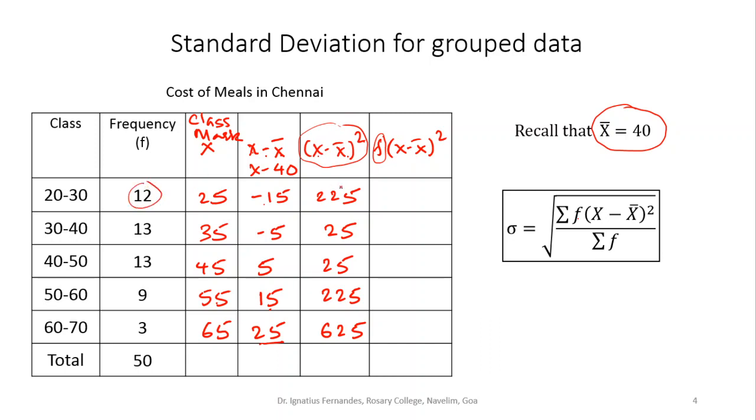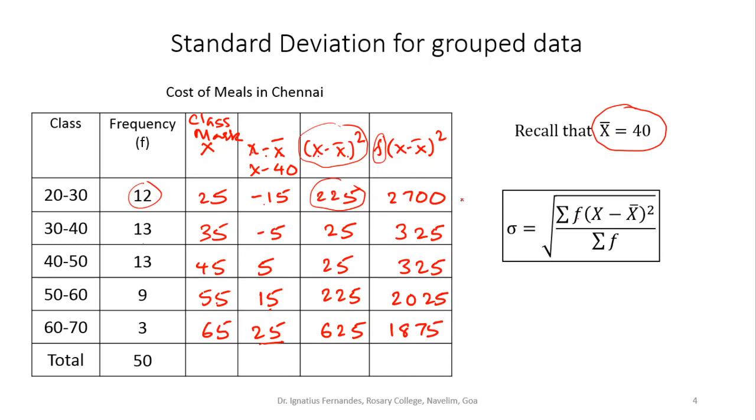So 12 multiplied to 225 is 2700. 13 multiplied to 25 is 325. 13 again multiplied to 25 is 325. 9 multiplied to 225 is 2025, and 3 multiplied to 625 is 1875.